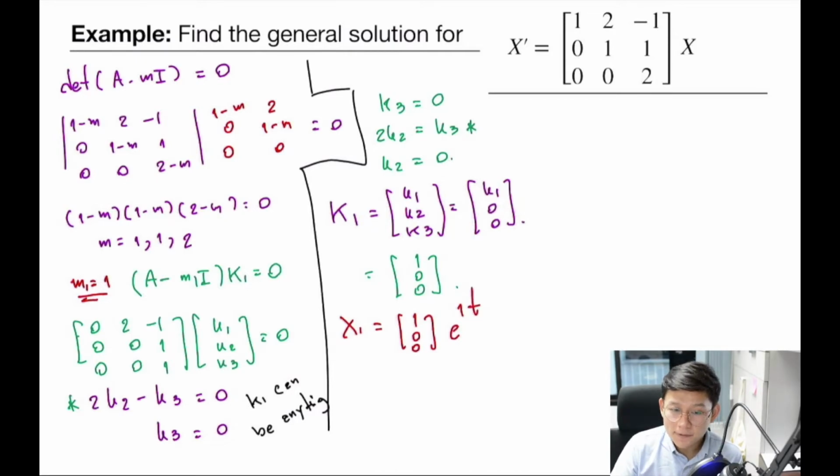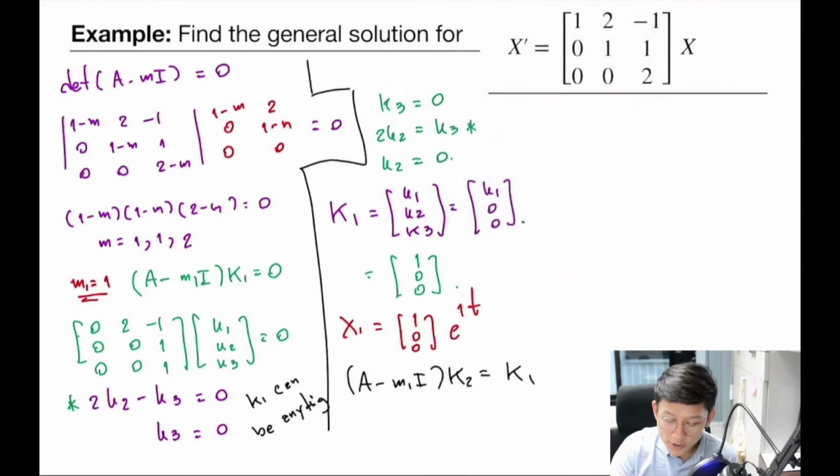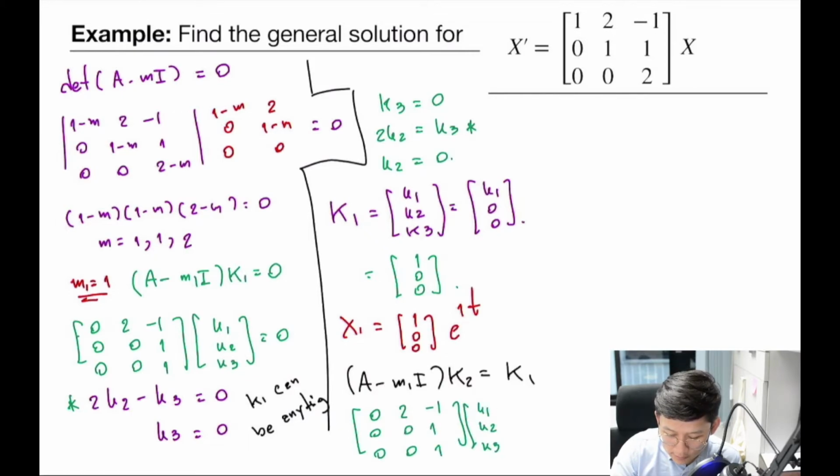After that we can take K1, and we want to find K2. So the setup would be A minus m1 I, K2 equals K1. In that case we have the matrix 0 2 minus 1, 0 0 1, 0 0 1, times k1 k2 k3, equals 1 0 0.